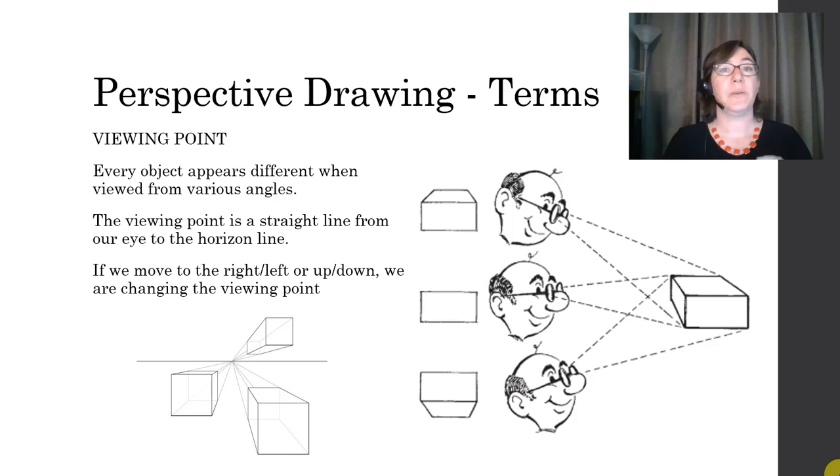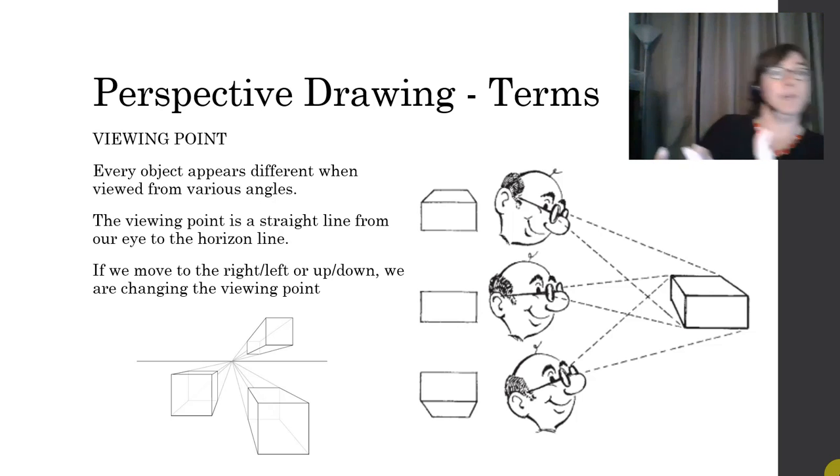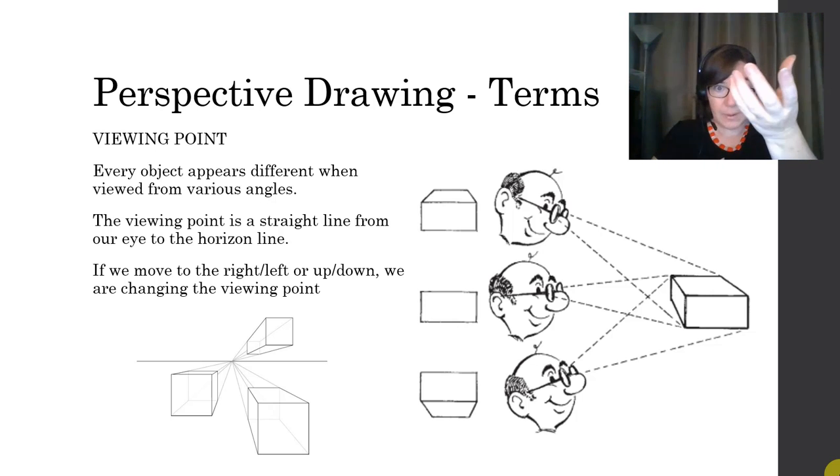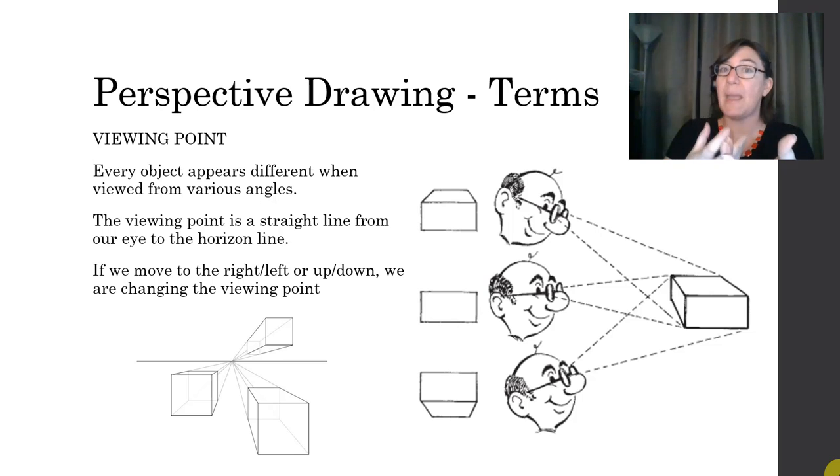The viewing point is going to be a straight line from our eye to the horizon line. And then if we move from the left to the right or up and down as compared to our subject, we're changing the viewing point for our drawing.